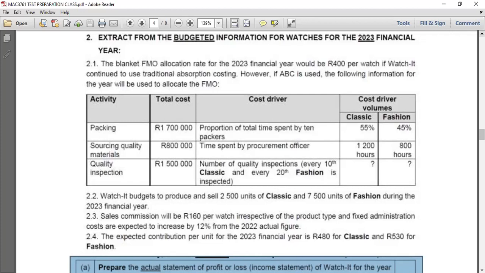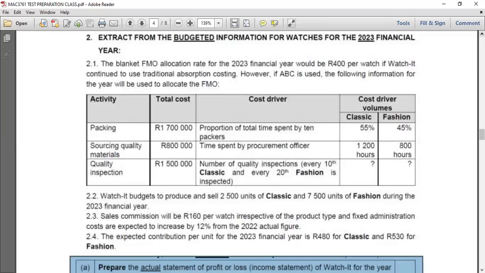Watch It budgets to produce and sell 2,500 classic and 7,500 fashion. Sales commission will be 160 per watch, irrespective of the product type, and fixed administration costs are expected to increase by 12% from the 2022 actual figure.